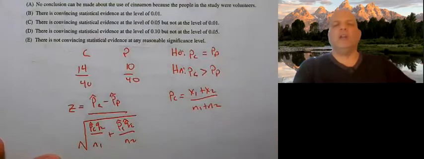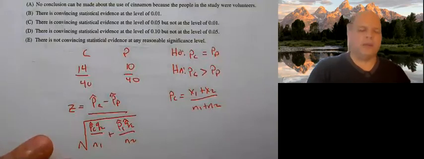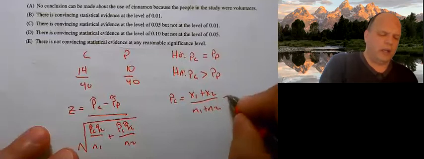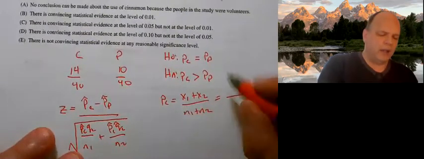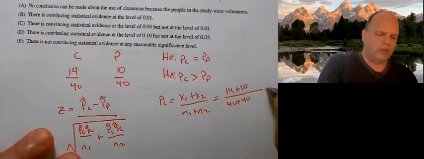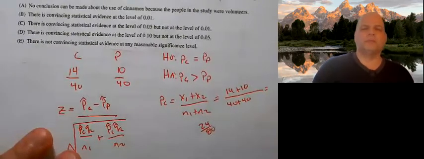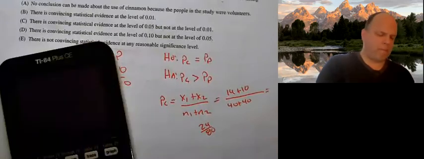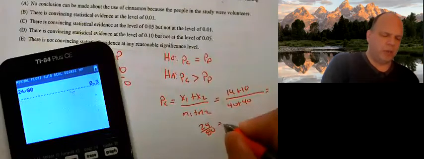And we would need to plug into all of these if we were actually running a hypothesis test, like an FRQ. So in this case, we had 14 plus 10 over 40 plus 40. So this is 24 out of 80. And so our combined is going to be 0.30.